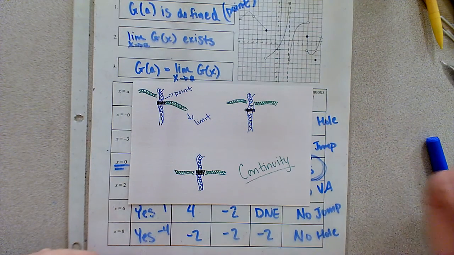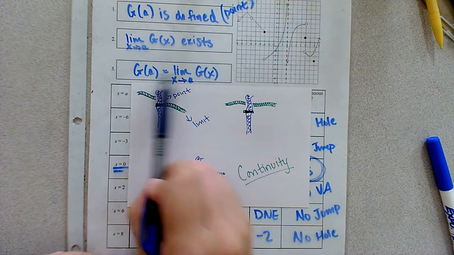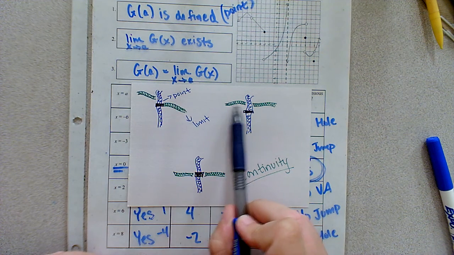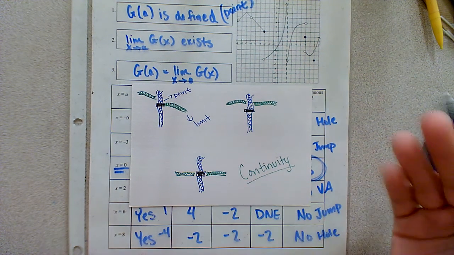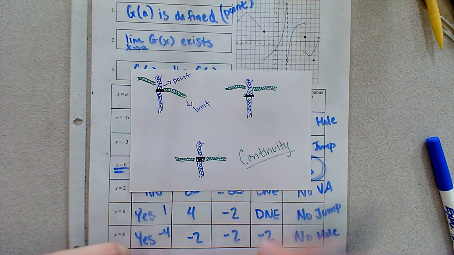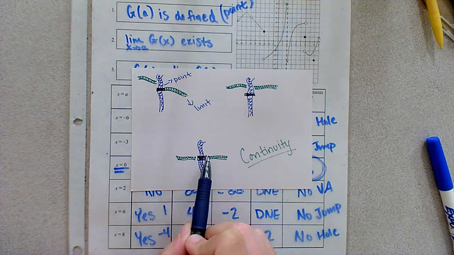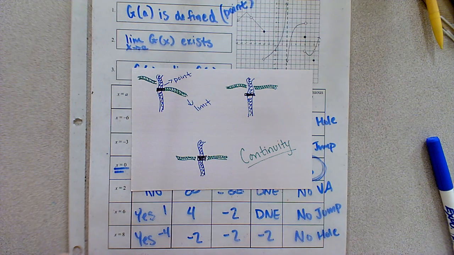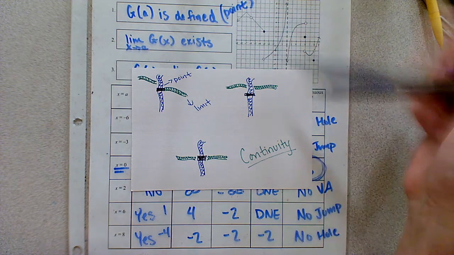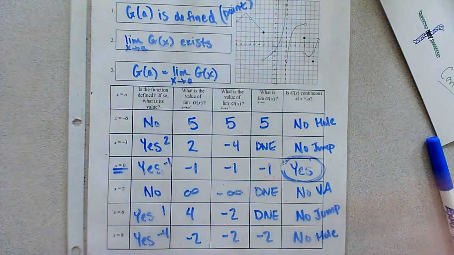Okay, so the point exists and the limit exists, but notice how the point and the limit do not match, meaning the road and the bridge are not connected. The only way you can continually drive is if the point exists, the limit exists, and they happen to match up perfectly at the same location. So I think this is a good visual for us to have.